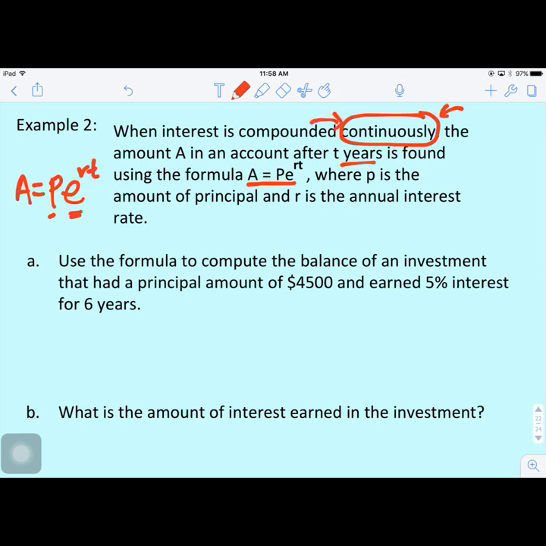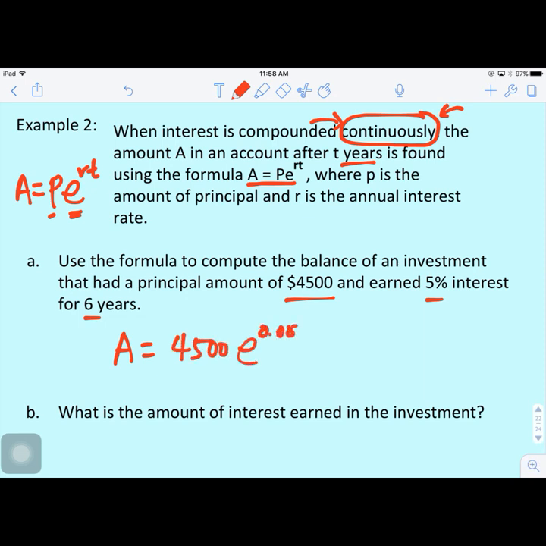So let's use the formula to find the first equation. Use the formula to compute the balance of an investment that had a principal amount of $4,500 with a 5% interest rate and then 6 years. So here we have A is equal to the principal, which is $4,500, times e to the 0.05.